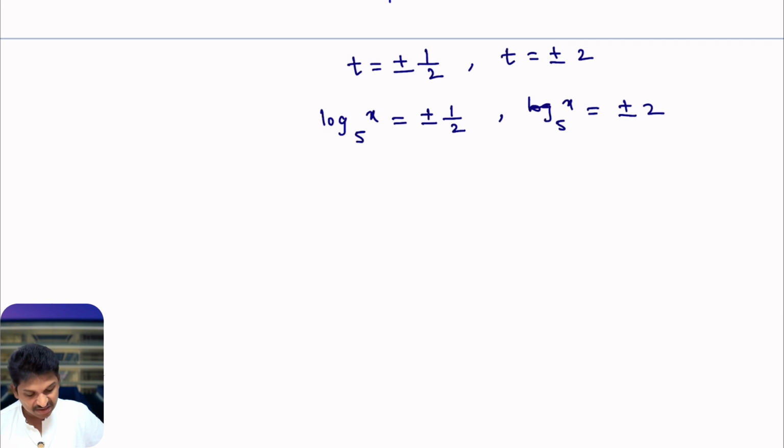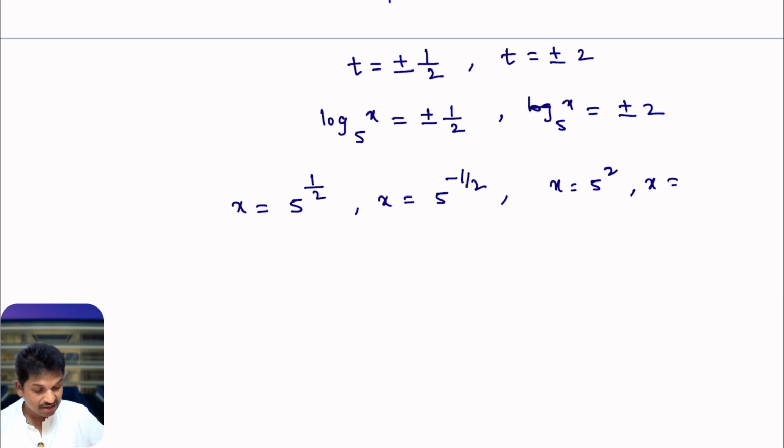From this, x is 5 power 1 by 2 or x is 5 power minus 1 by 2. x is 5 square, x is 5 power minus 2. So total 4 solutions we are getting. You can observe all are positive only.